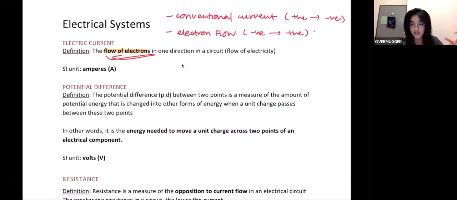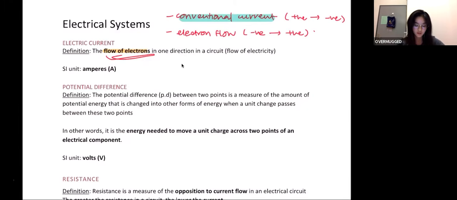Which one do we use in exams? If they do not specify, you always use conventional current, which means that when you're tracing your current in the circuit, always trace from the positive end to the negative end. All right, we always use the conventional current model.